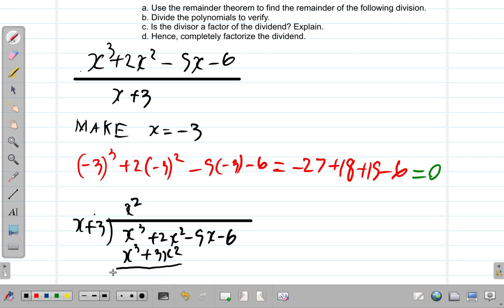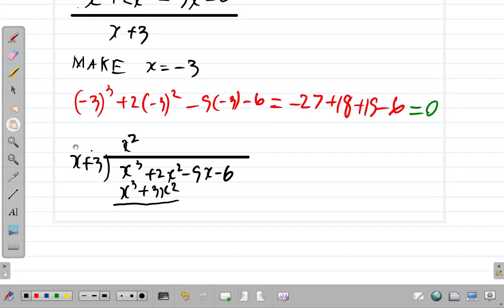When you subtract, you're going to get 2 minus 3 gives you negative 1. That's negative x squared. Bring down the negative 5x.